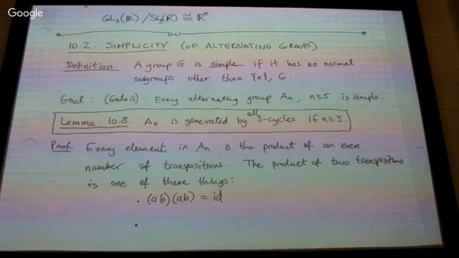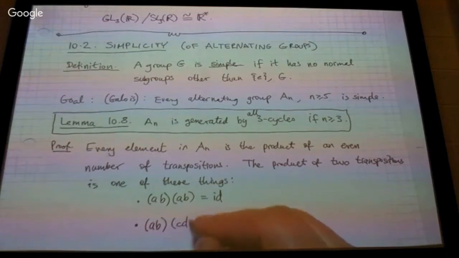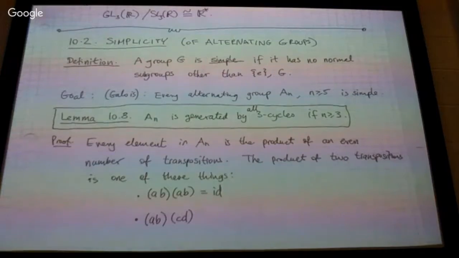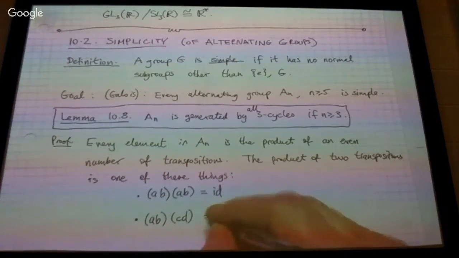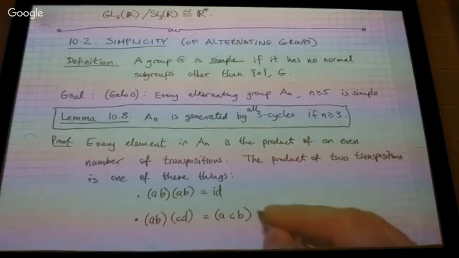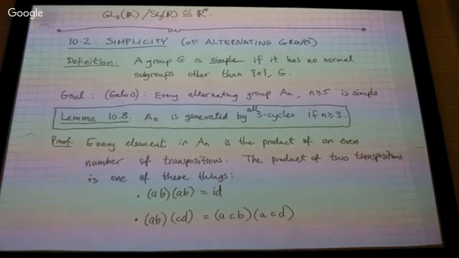Or it could be that they're disjoint. That's the tricky one. You can in fact write it as the product of 2 3-cycles like this.